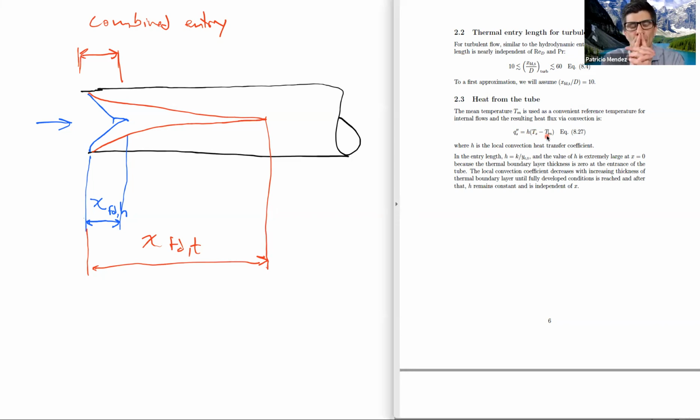But here's the catch. In external flows, h was defined based on the temperature difference between the surface and the free flow, T infinity. Here, we don't have a free flow. So what they use is the surface temperature minus the average temperature.